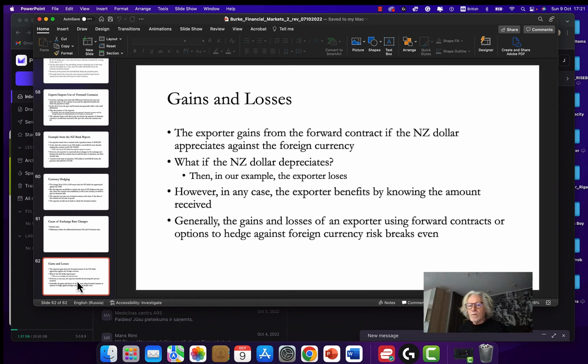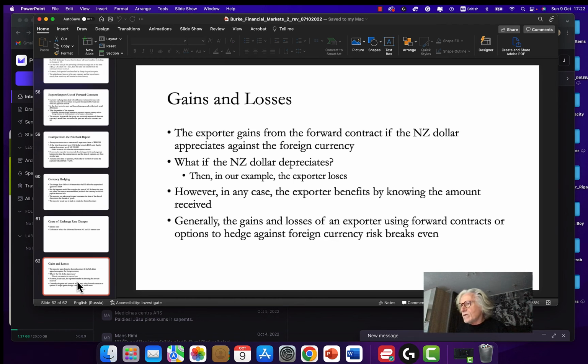If the New Zealand dollar appreciates against the foreign currency, the exporter wins. Okay, it's great, then he's going to get this better exchange rate. But what if the New Zealand dollar depreciates? Well, then the exporter, in a sense, loses, because if he didn't enter into this currency forward contract, he would have gotten more New Zealand dollars when he was paid the 100,000.